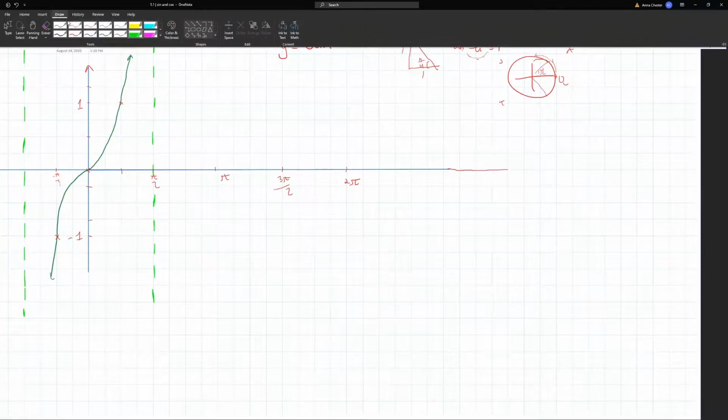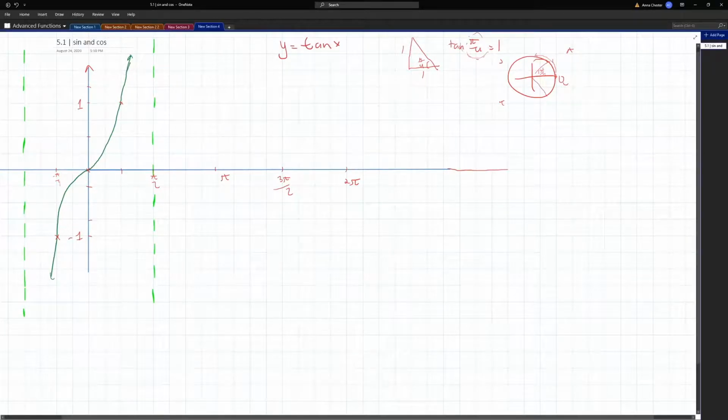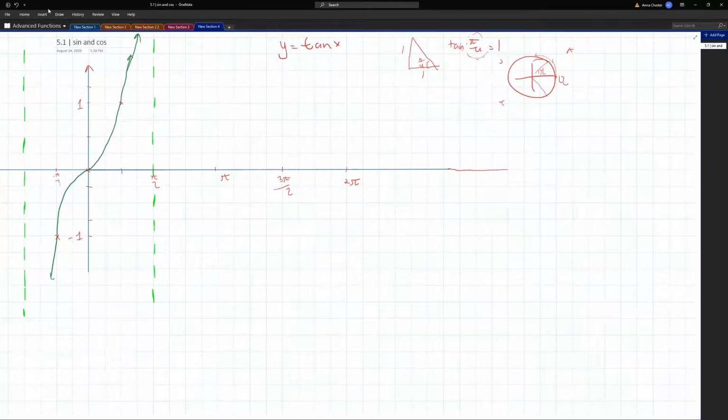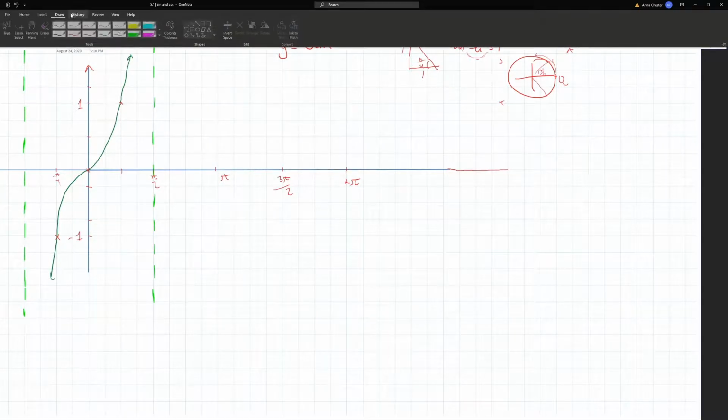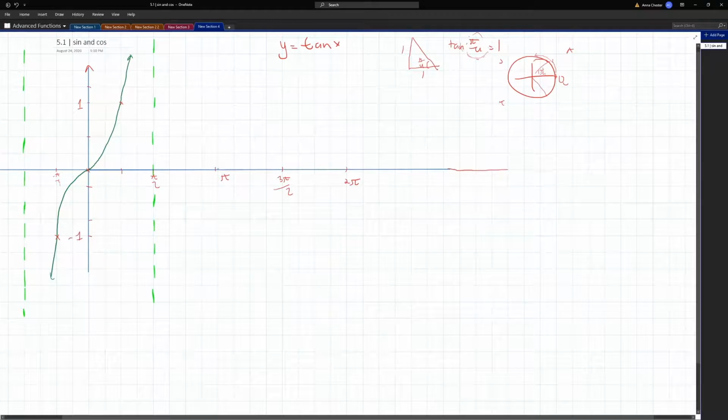So what we know for a fact is that this graph will approach the vertical asymptotes, but it will never reach them. We also know that since it's periodic, every pi it will repeat. So from 0 to pi, we have a new cycle forming. So at pi, we could once again say that it equals 0.